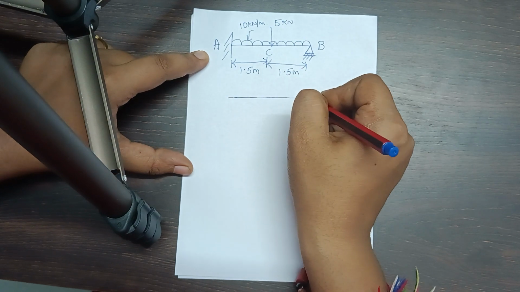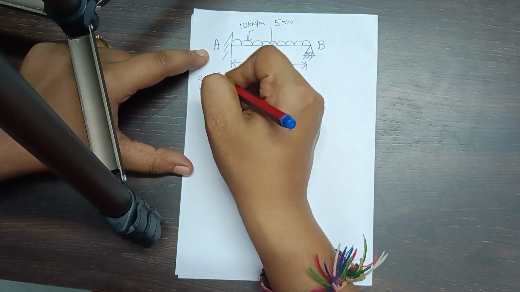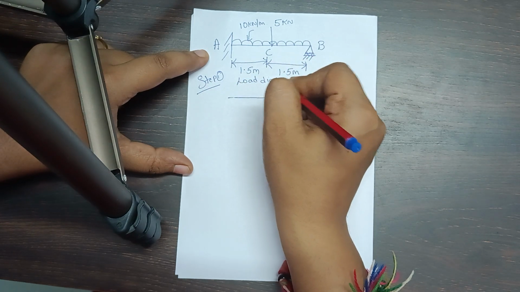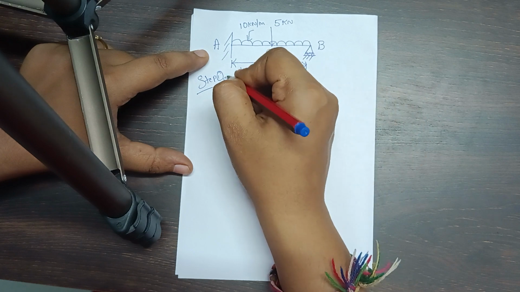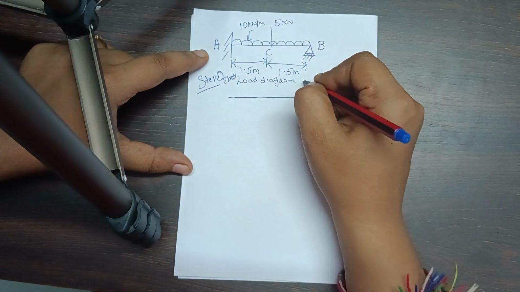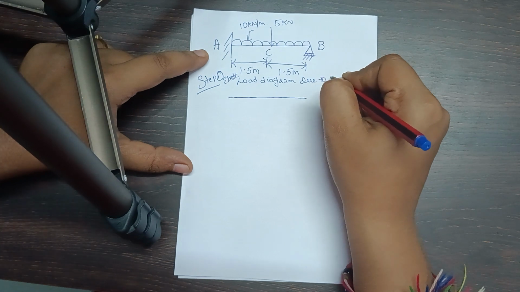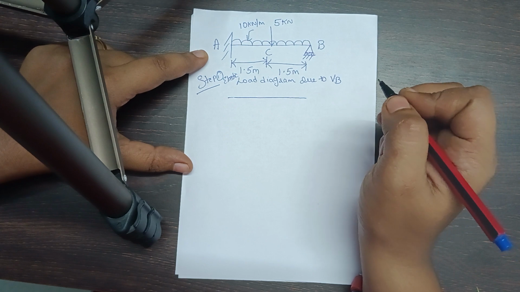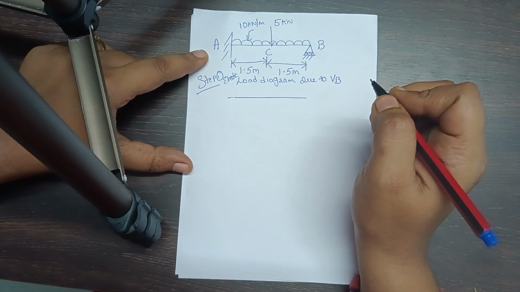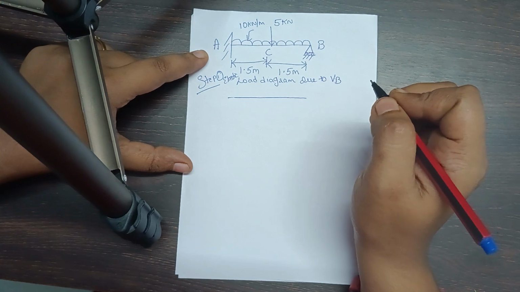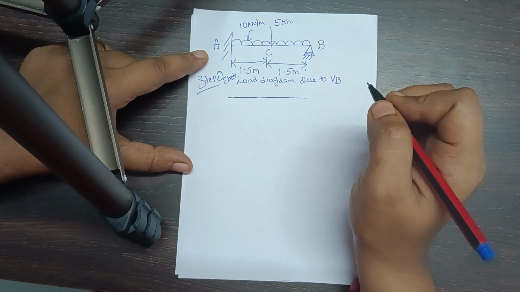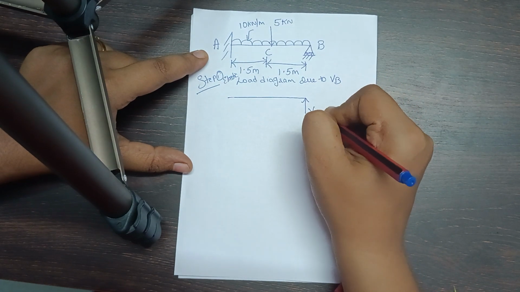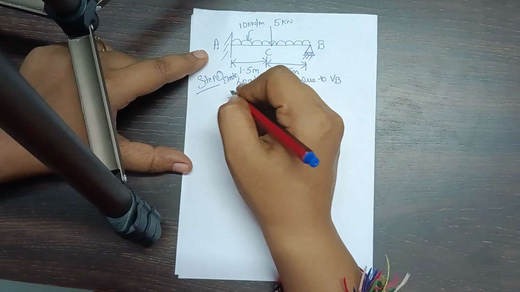So step 1 is the elastic load diagram due to VB, the vertical reaction at B. Since it is a roller support, you will be having one reaction in the vertical direction, therefore it is VB.